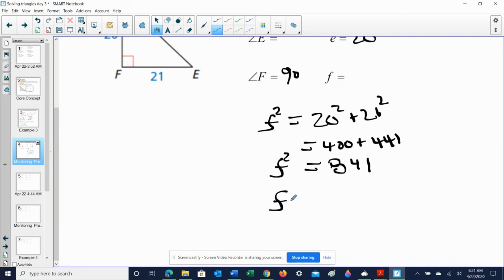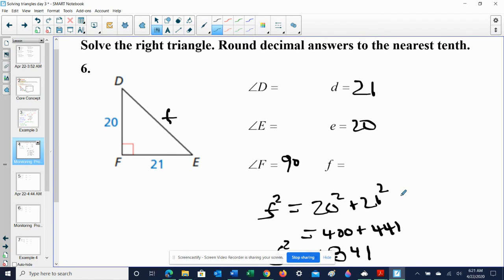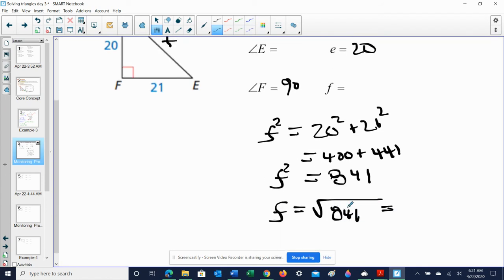F is equal to the square root of 841. Now, set to round to the nearest tenth decimal answers. We could round this to the nearest tenth. I like leaving it as this, unless it's a perfect square. Let's just check. Make sure it's not.